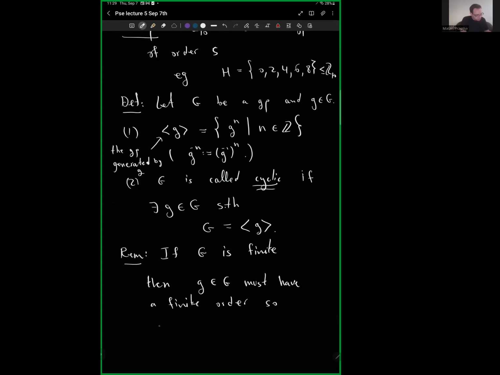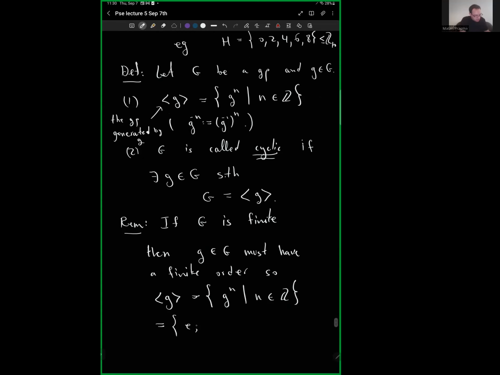So the group generated by the element G, which by definition is all the powers G to the n with n in Z, is simply going to be equal to E, which is G to the 0, G, up to G to the n minus 1.